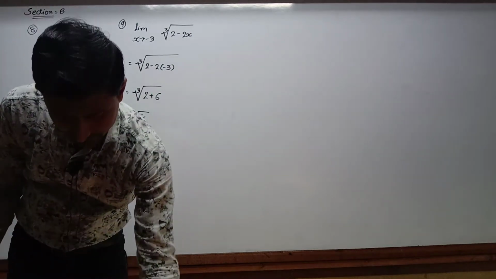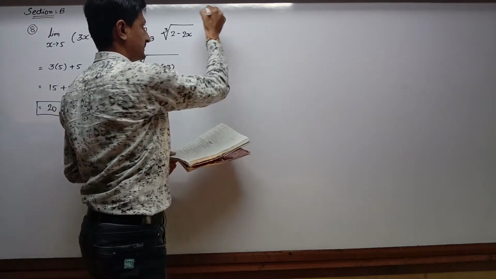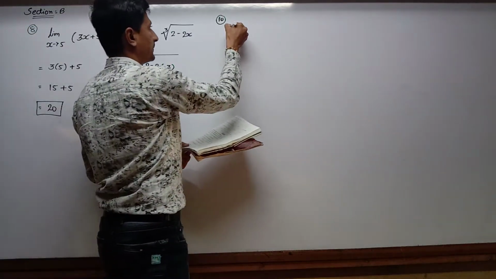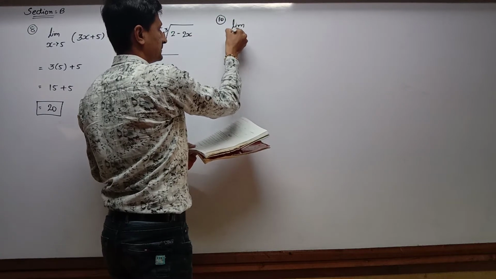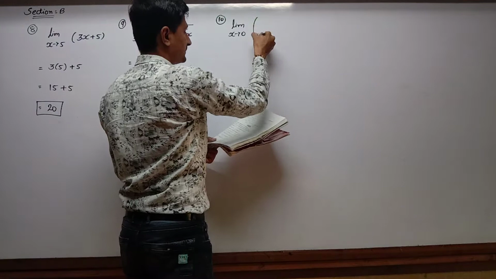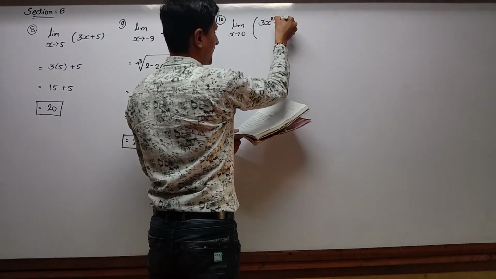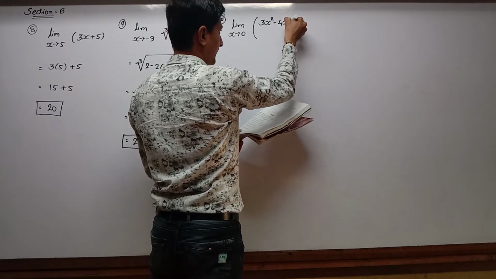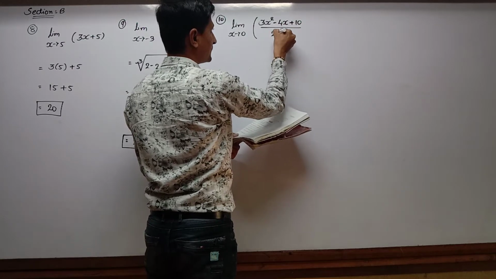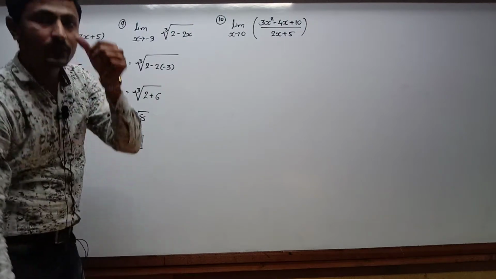Now next, question number 10. Find the value of limit x tends to 0 of (3x square minus 4x plus 10) divided by (2x plus 5). Okay.